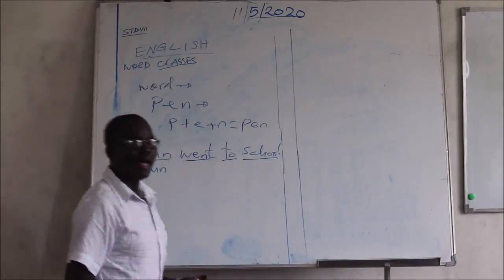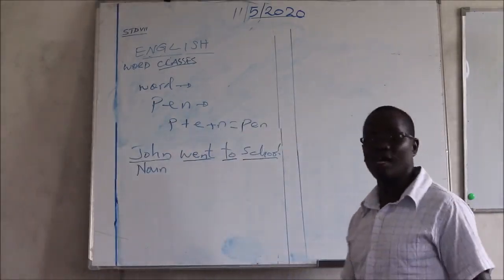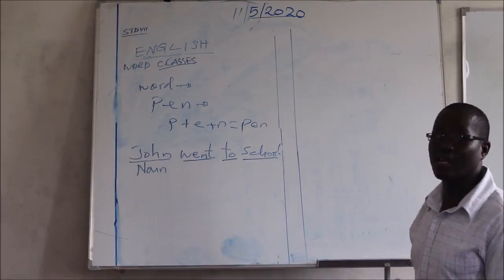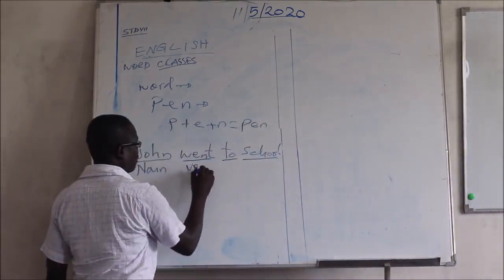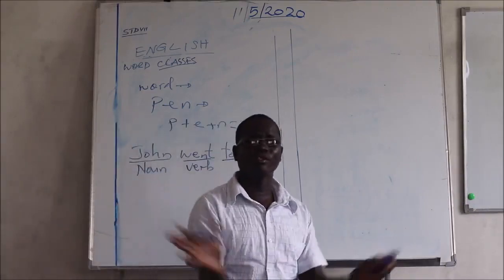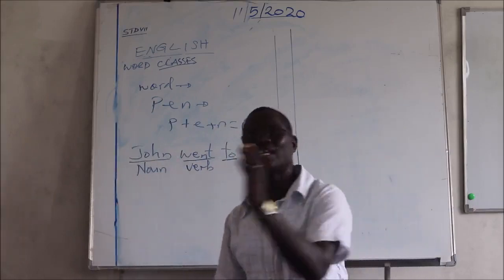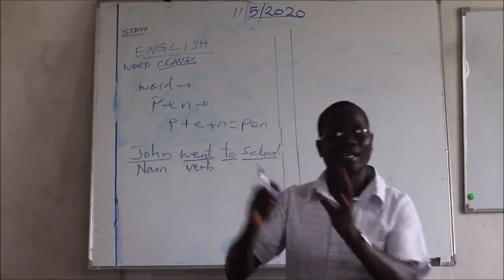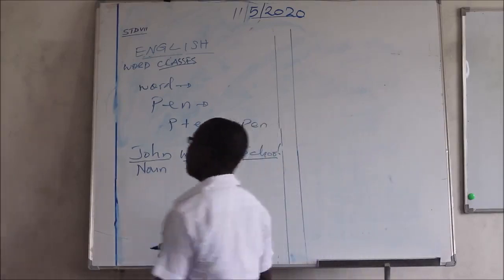Then the word that tells us an action that a particular person does is technically known as a verb. If a word is used to show a relationship between a noun and another noun, or a noun and a pronoun, or a pronoun and another pronoun, then that word is known as a preposition.